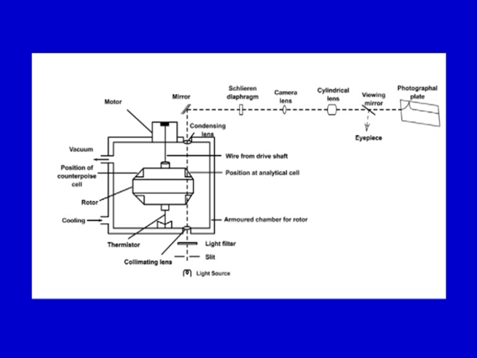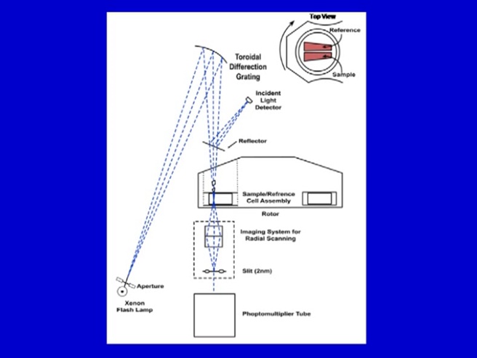There is a well placed optical system which passes through the analytical cell and analyzes the sample or the sedimentation characteristics or different applications as the experiment is going on. There is another representation of this whole thing.